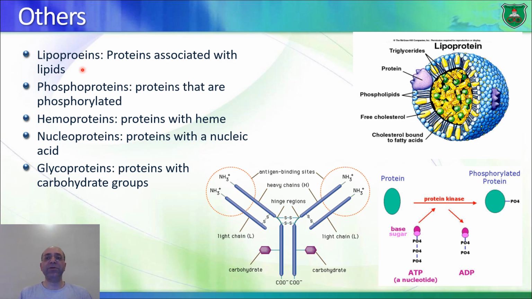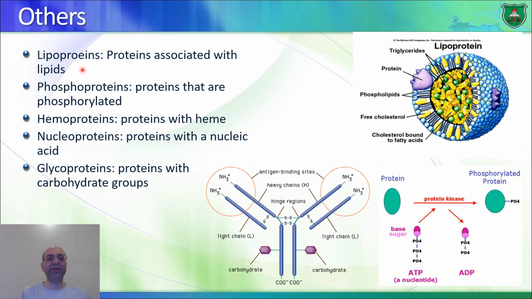If I'm talking about the proteins themselves, I call them apolipoproteins, the proteins normally associated with lipids, without the lipids. Phosphoproteins are proteins that are phosphorylated, or can be phosphorylated. Hemoproteins are proteins associated with heme, like hemoglobin and myoglobin, which we'll talk about later on.